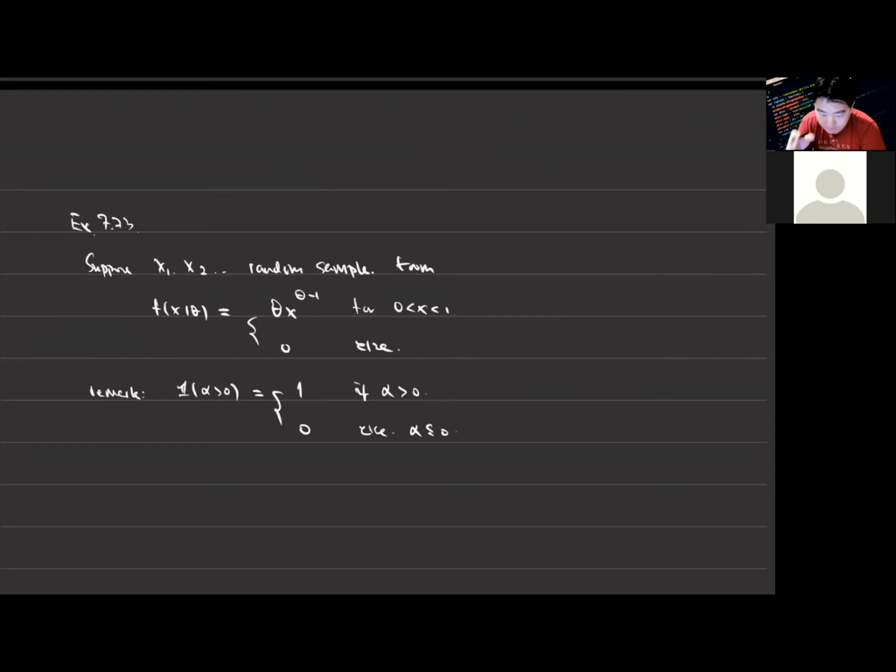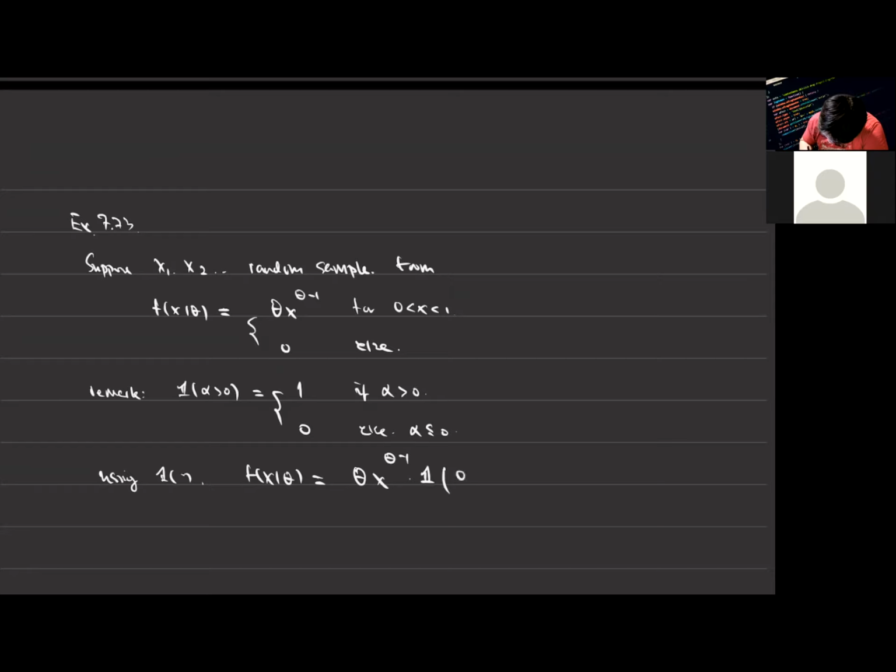Now, consistent with the notation of the course, where the professor used the indicator function, we're gonna try to rewrite this f using an indicator function. So using the indicator function, f is actually theta x^(theta minus 1) times the indicator function.